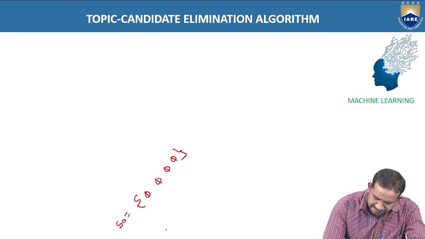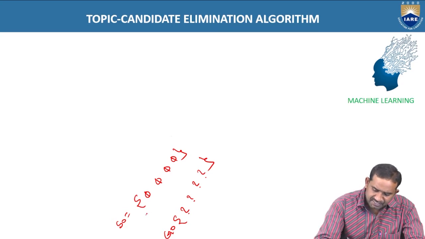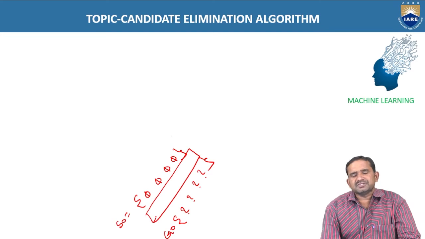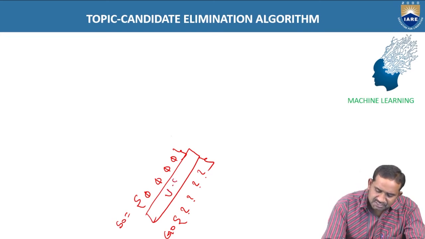Then the general hypothesis is represented by question marks, 4 question marks, because only 4 input attributes are there. In between these, we generate one more hypothesis, one more set of attribute values. It is called the version space.